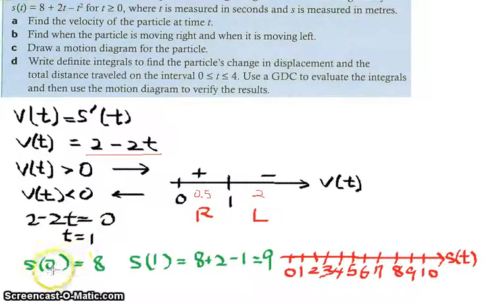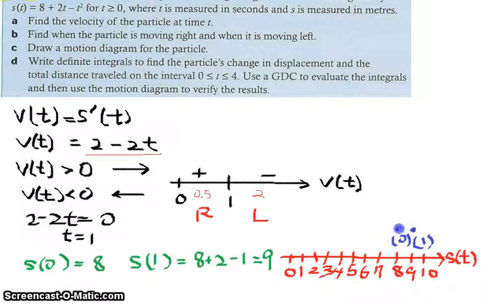So when time is equal to 0, my object is 8 units away from the origin. Alright, so I'm going to put an 8 here. Oh, sorry. So this is when time is equal to 0. Let me just put that down in parentheses. Okay, time is equal to 0. And when time is equal to 1, my object is at 9, right? My object is at 9 when time is equal to 1.